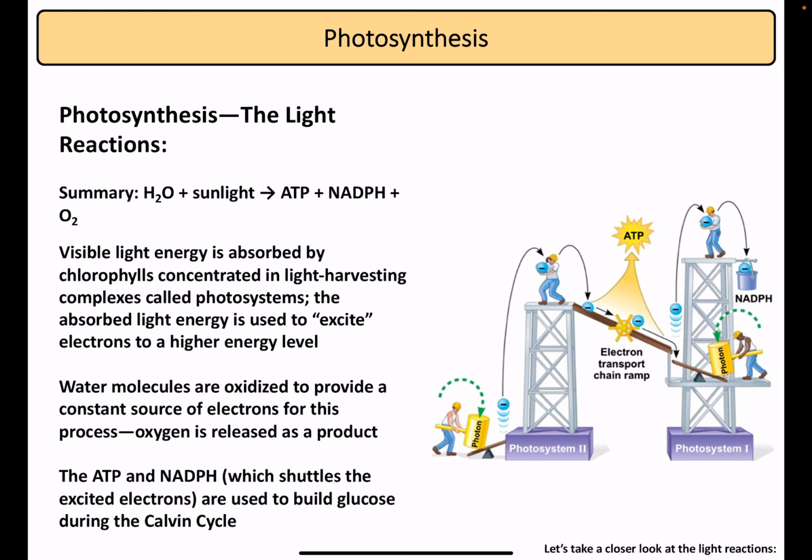So in summary, during the light reactions, we're going to use water and sunlight to produce ATP, NADPH, and oxygen. Now, rather than just having me read a couple of paragraphs here describing the light reactions, I think it's much more beneficial for me to draw this out, and then we'll come back to this verbal description after.